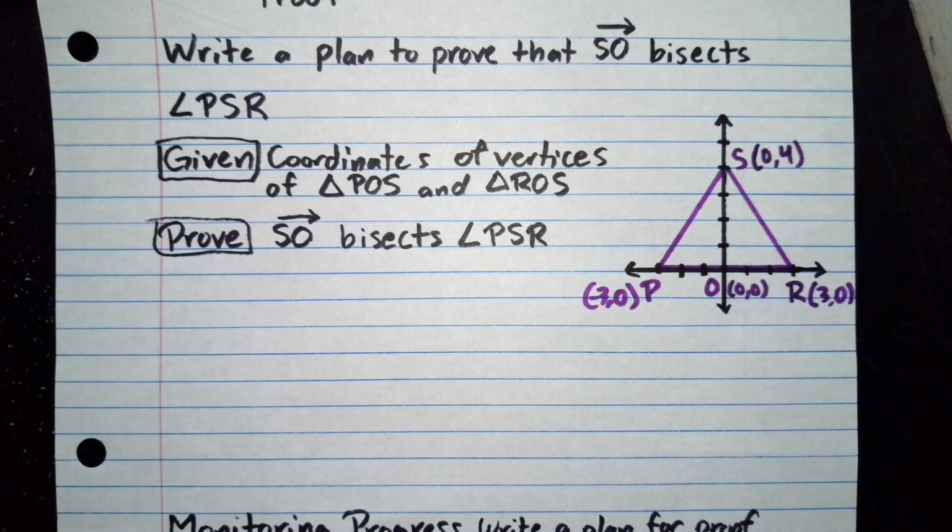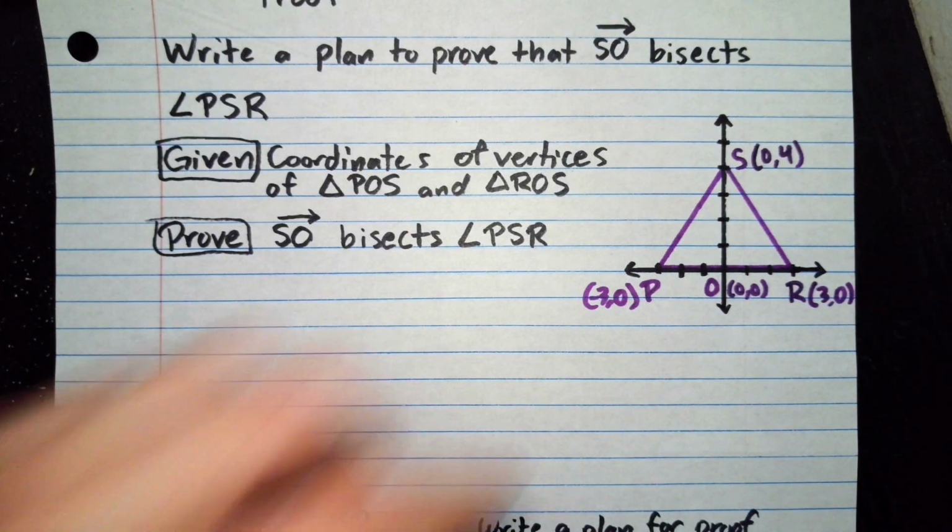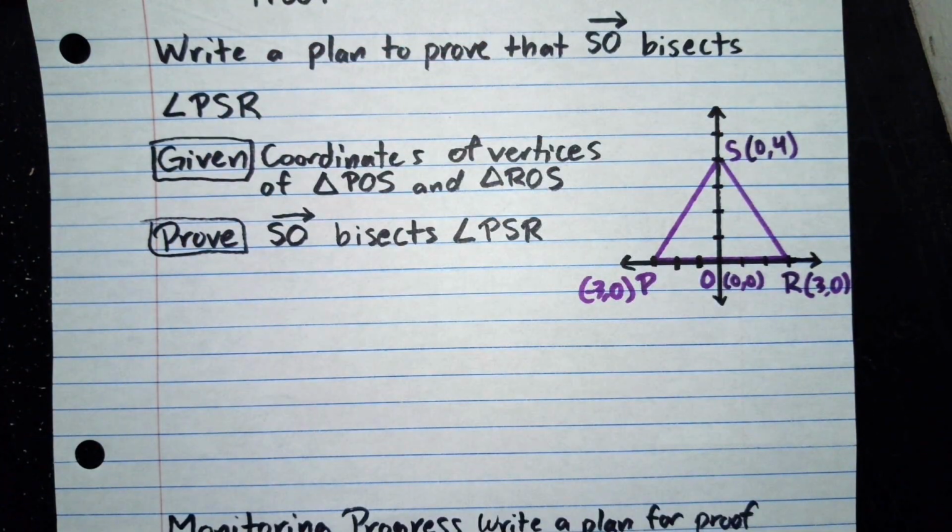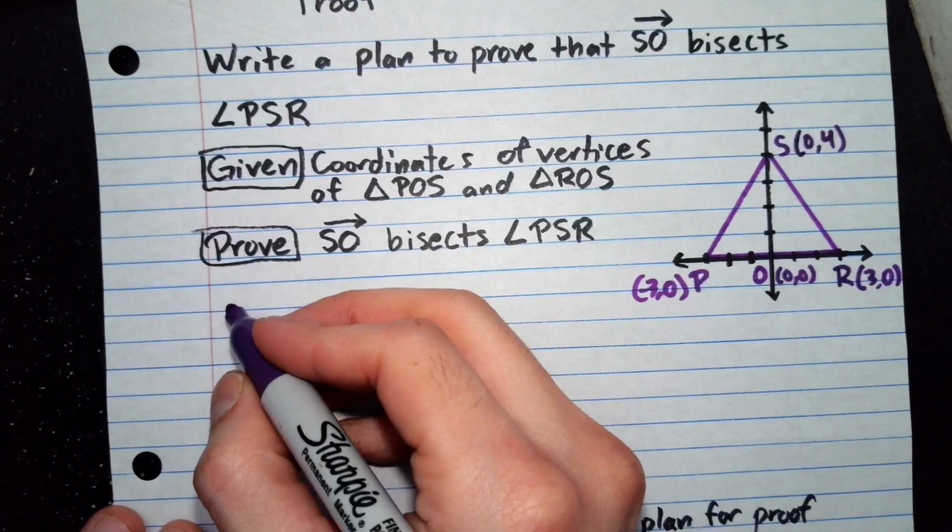If we want to prove that two triangles are congruent, we can start by finding out what the length of each of these sides is. Again, we don't have to actually calculate these, but here is our plan.